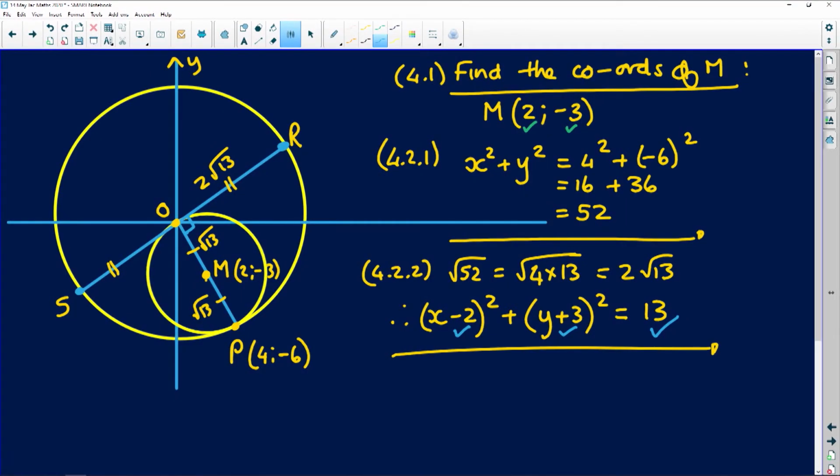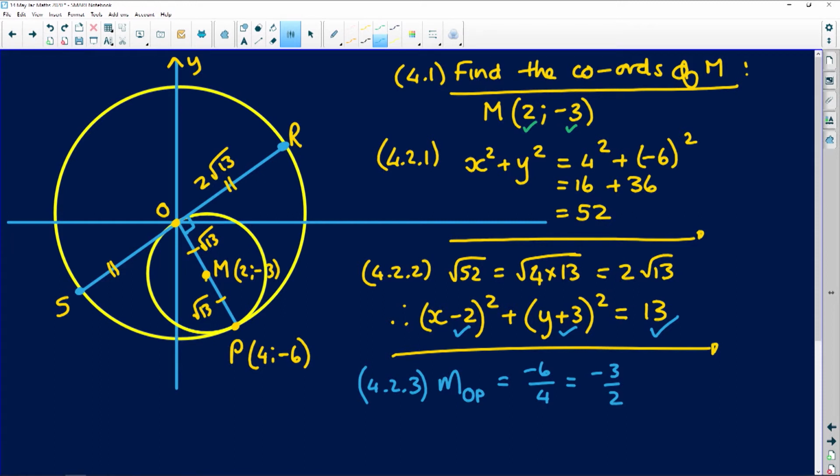Okay, so let's work out. First of all, 4.2.3. First of all, I need the gradient of OP, the radius over there. Now that is minus 6 over 4. And that simplifies to minus 3 over 2. That's the gradient of this little piece, OP, over there.